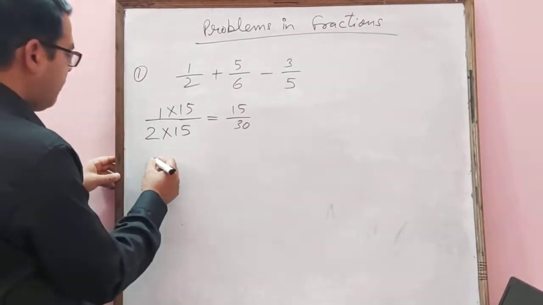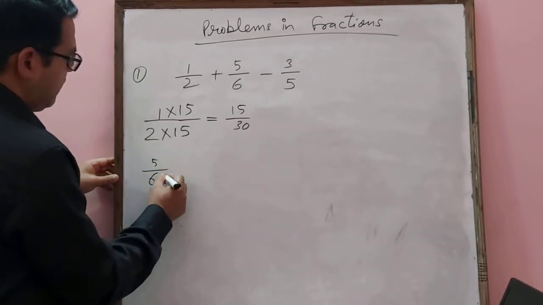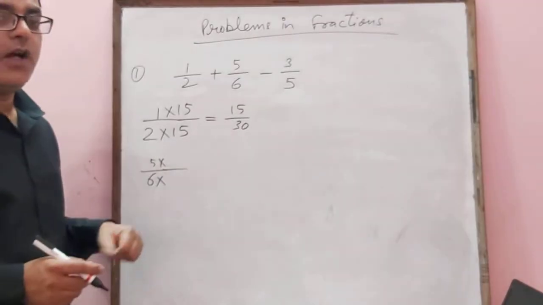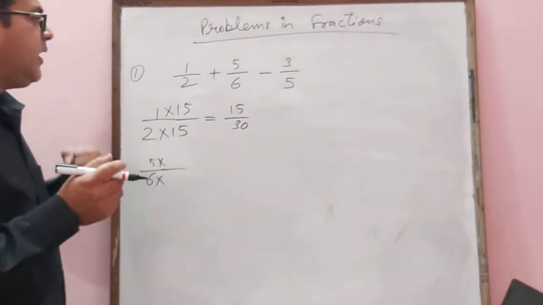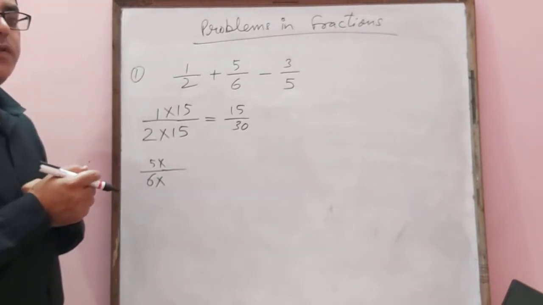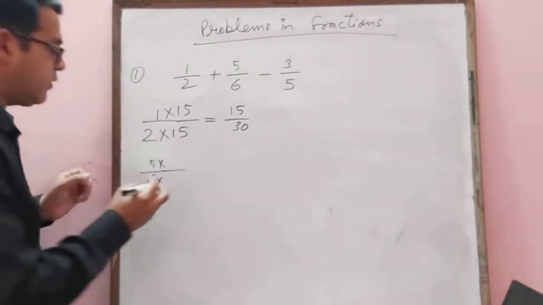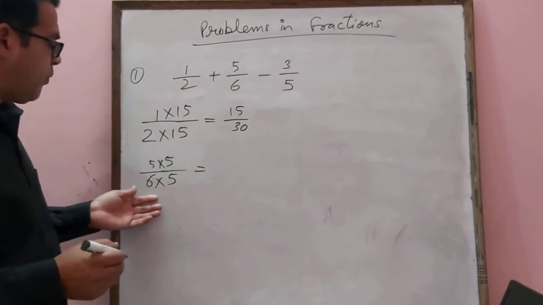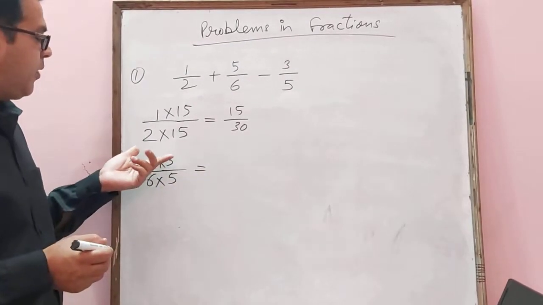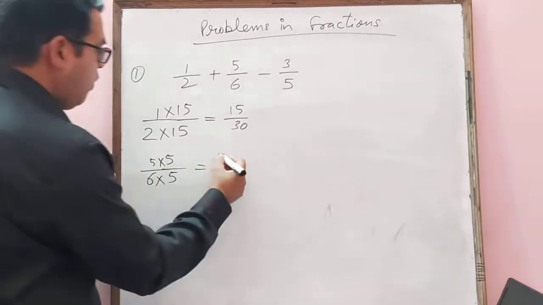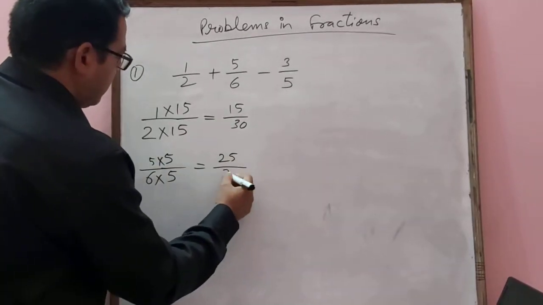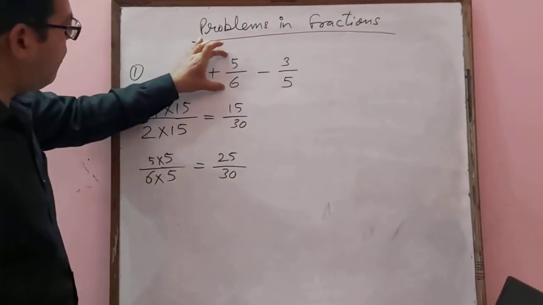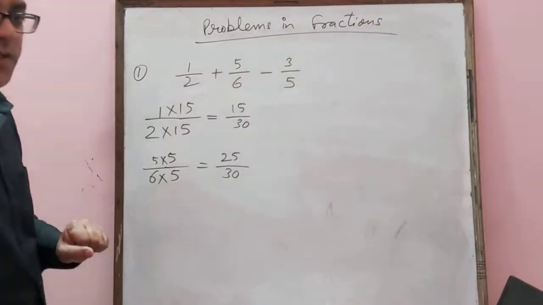Now the second fraction is 5 by 6. We have to make it 30. Where does 30 come in the table of 6? 6 5s are 30. So we can multiply it by 5. Since we are multiplying the denominator by 5, we have to multiply the numerator also by 5. So we have 25 by 30. The equivalent fraction of 5 by 6 is 25 by 30.